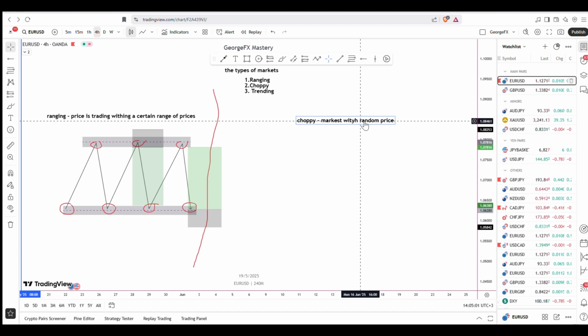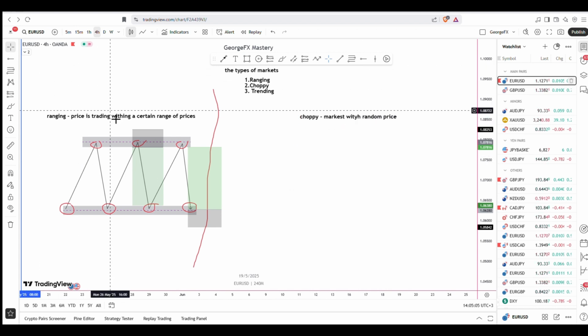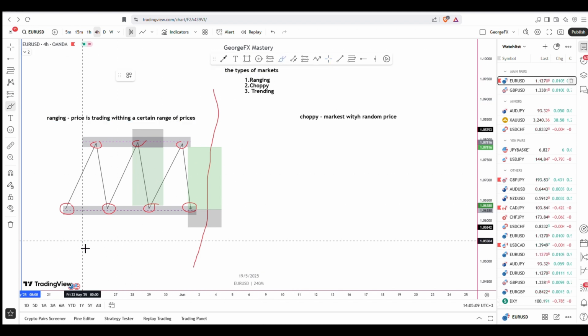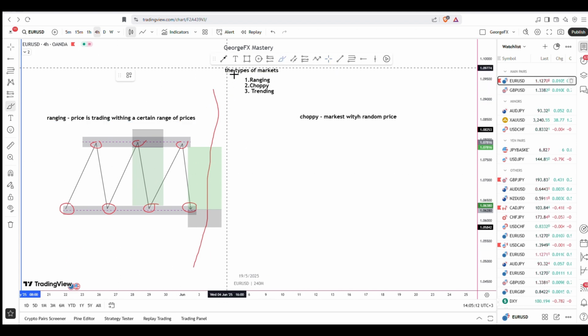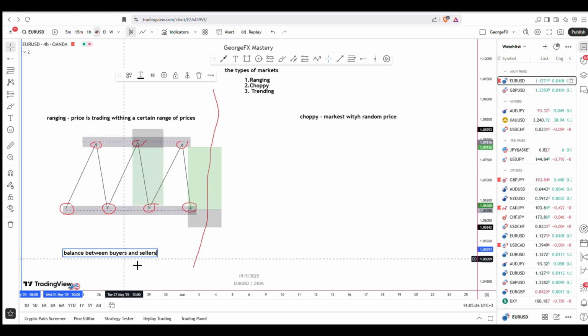Oh, by the way, I've not told you that when you're seeing the markets ranging, it denotes that there is balance between buyers and sellers. So ideally that is it.